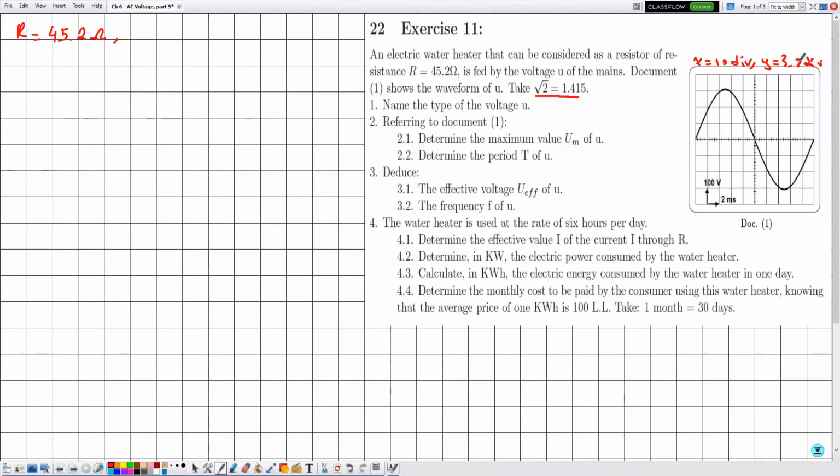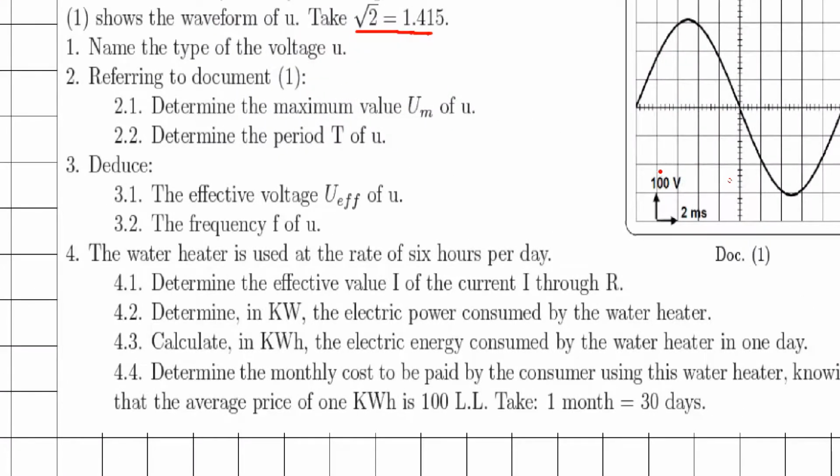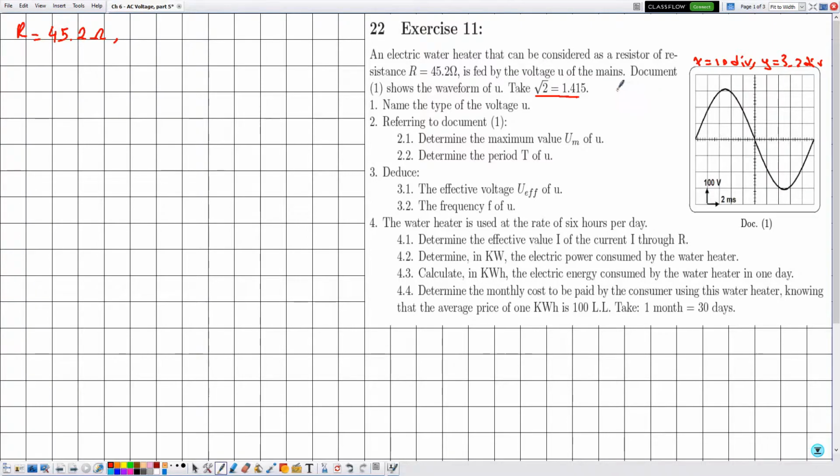Now if we proceed to the values of SV and VB, SV is the scale along the vertical axis. Here we have 100 volts per division. This is the y-axis, which is the vertical. Then SV is equal to 100 volts per division.